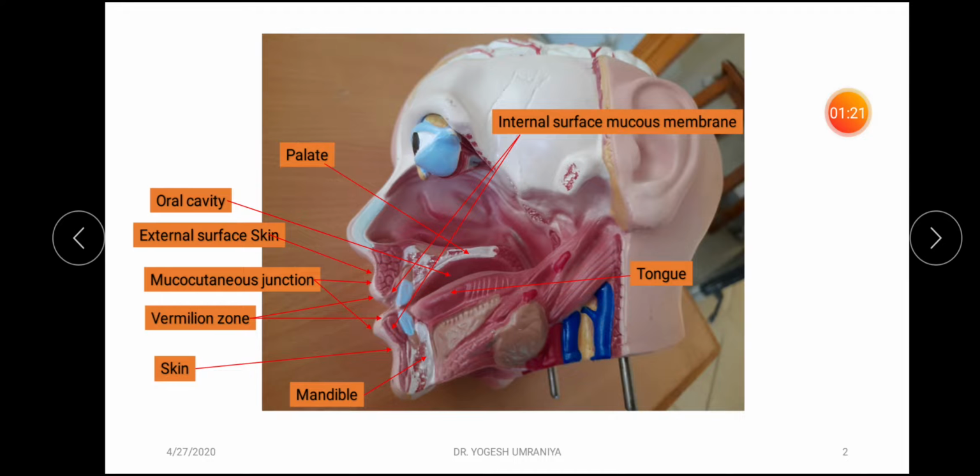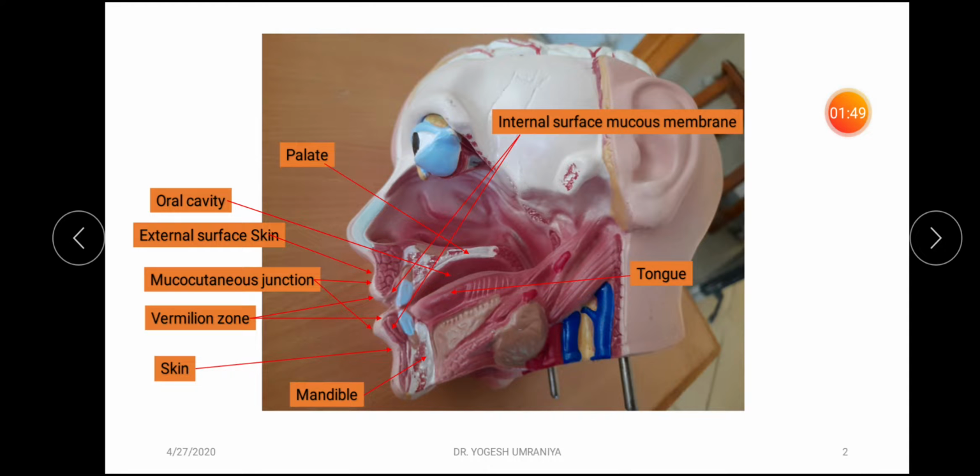Again, this epithelium is loosely attached with the underlying structures of the oral cavity, the muscles as well as the other connective tissue. But at some points it is firmly attached with the underlying structure. That structure is the palate, as well as the alveolar processes of the respective bones.